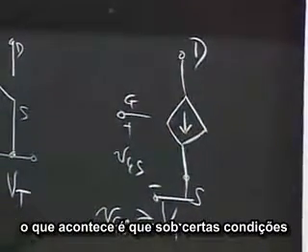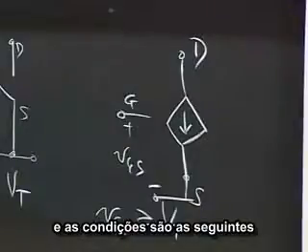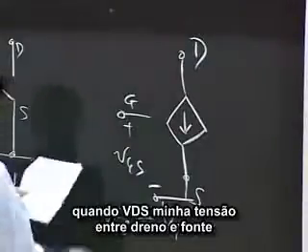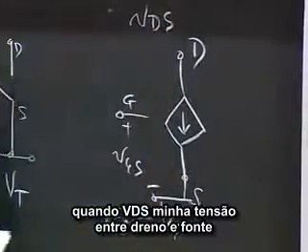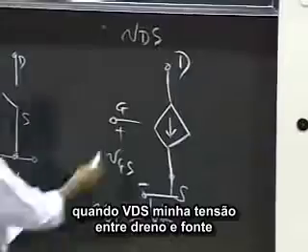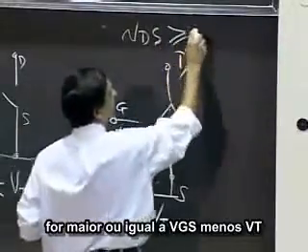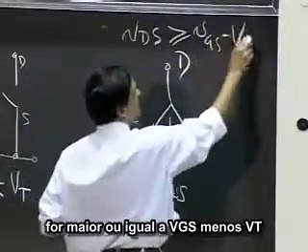So what happens is that under certain conditions, and the conditions are the following: when VDS, my drain to source voltage, is greater than or equal to VGS minus VT.